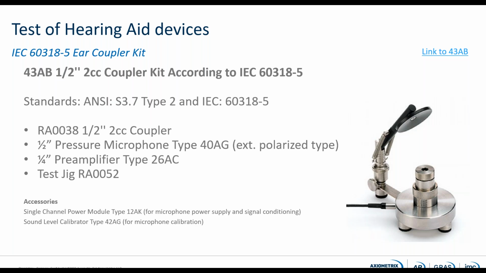So it's easy to do a verification of whatever it could be. This coupler kit is mainly used in R&D, but can be used in production for doing some faster measurements if something is wrong on one production line.